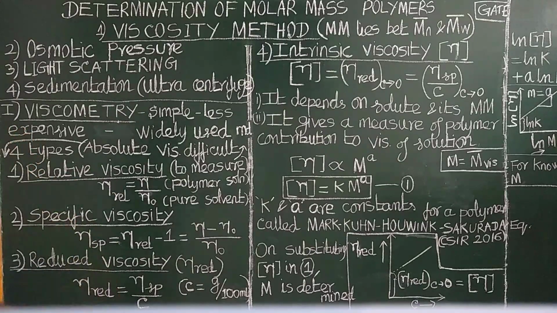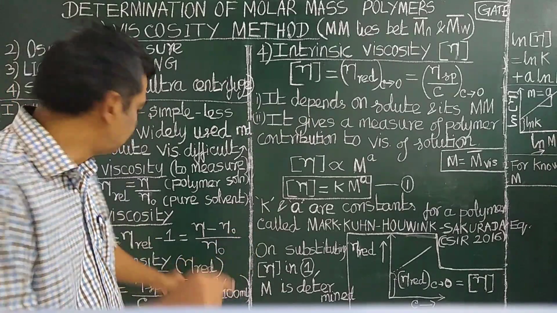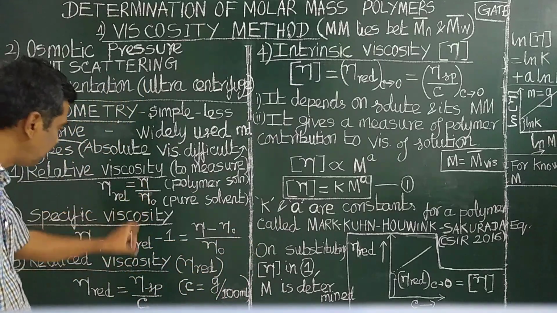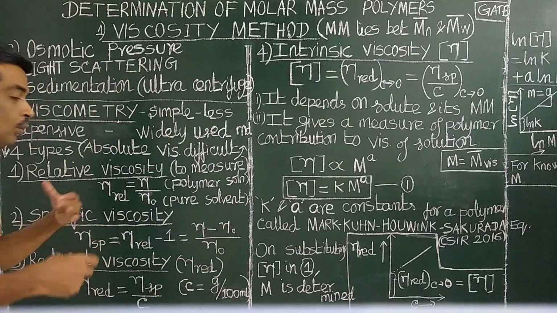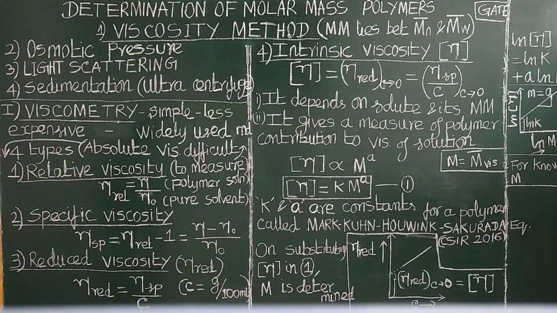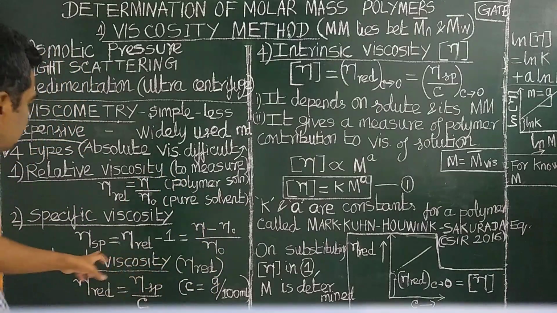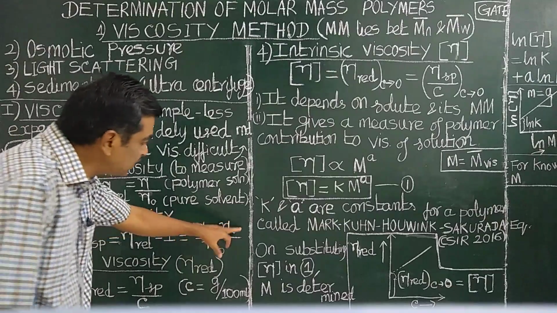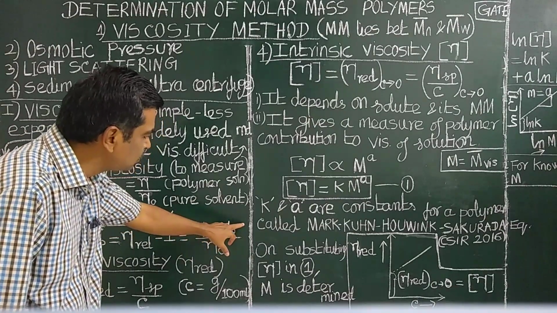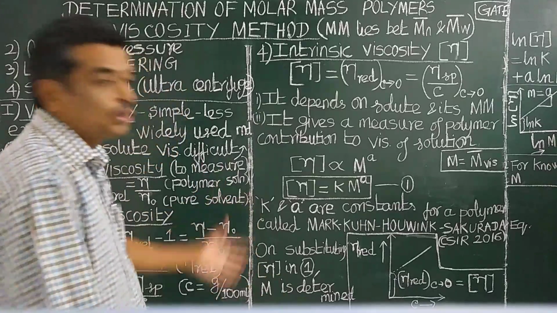Next, what is specific viscosity? It is very simple: relative viscosity minus 1. Therefore, you substitute here, you will obtain eta minus eta naught divided by eta naught. How is it defined in words? The specific viscosity of a polymer solution is defined as the ratio of the absolute viscosity of the polymer solution to the viscosity of the pure solvent.